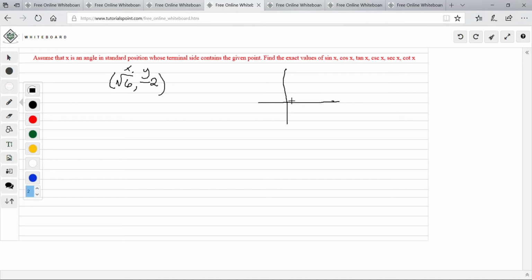Where sine is negative and cosine is positive, so we're going to be in quadrant 4, right? Draw the triangle. Let me draw it better.